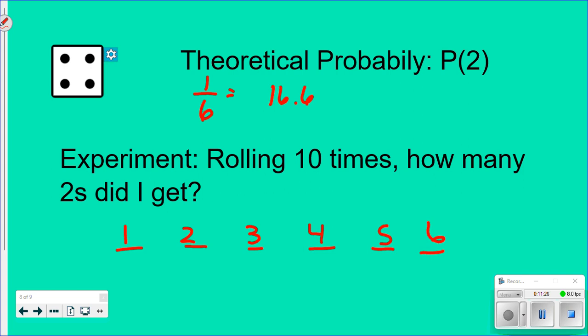All right, so let's see. We're going to roll 10 times. Why isn't it rolling for me? There we go. So a 3. Four. A 1.